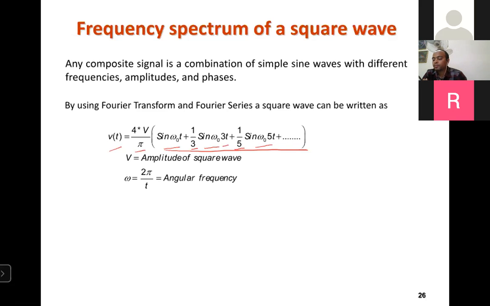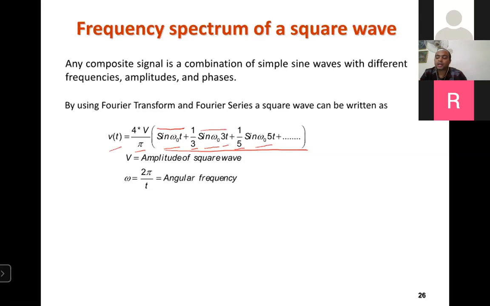What we are looking at is when we add the original sine wave with its third harmonic with amplitude 1 by 3, and with its fifth harmonic with amplitude 1 by 5. Look at this expression: sin omega 0 t is the pure sine wave, plus sin 3 omega 0 t.